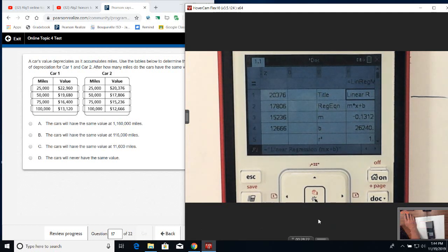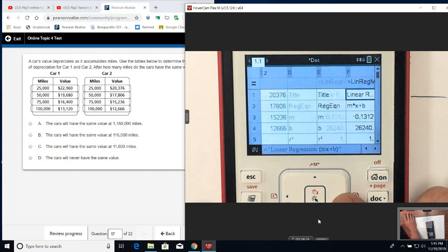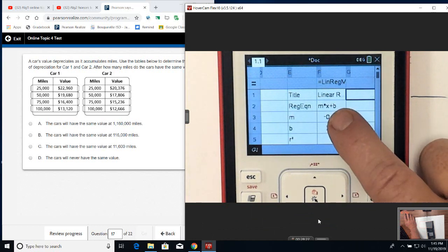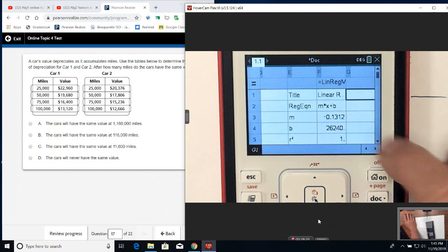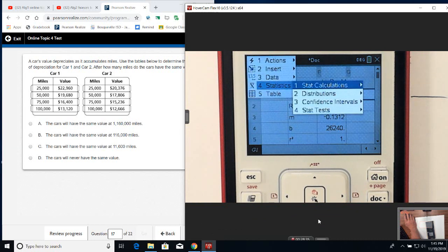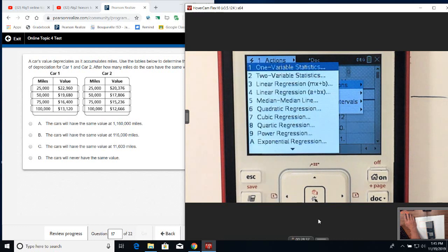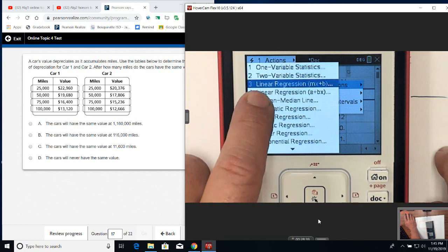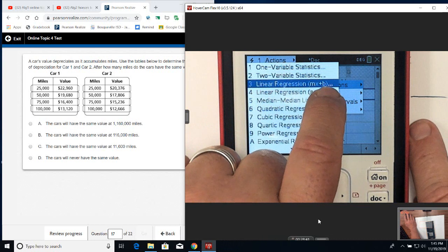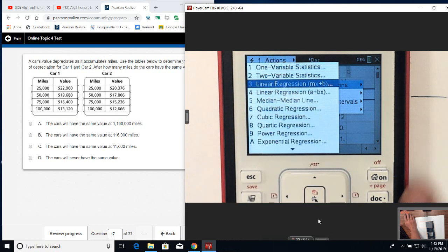Okay, so we're going to do the exact same thing in an empty cell over here. So I have an equation for the value of car 1. Let's do the same thing to come up with an equation for the value of car 2. So hit Menu, Statistics, Stat Calculations, and we want to come up with a linear equation in slope-intercept form for car 2.